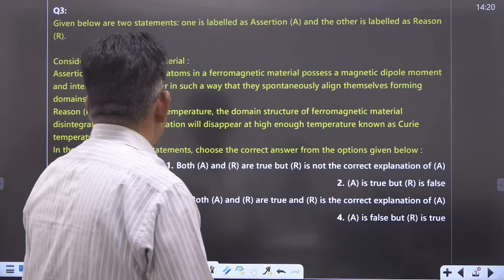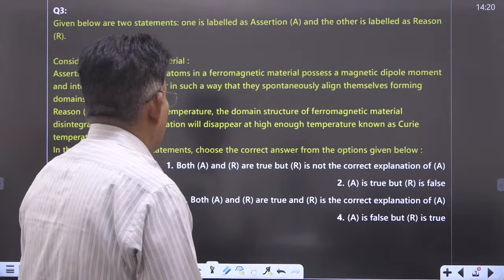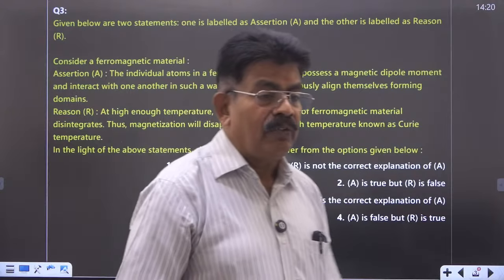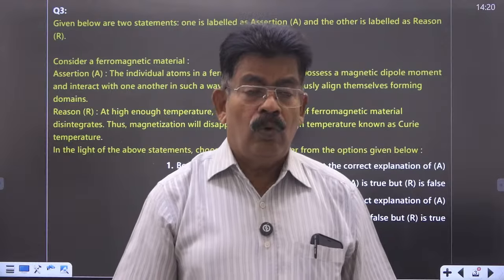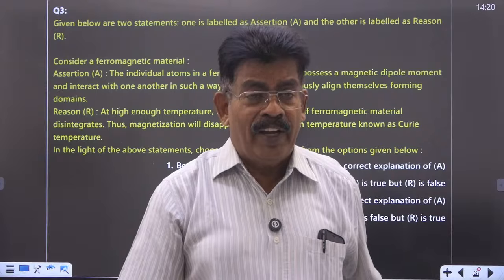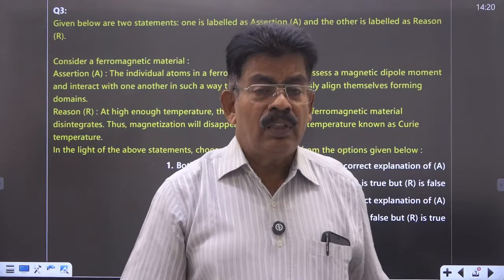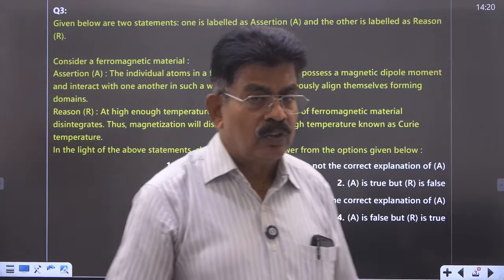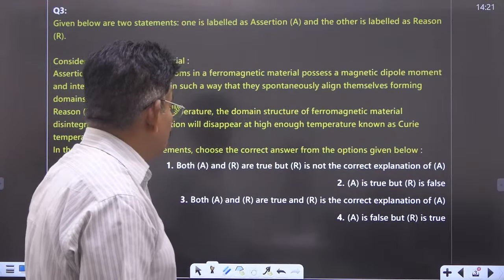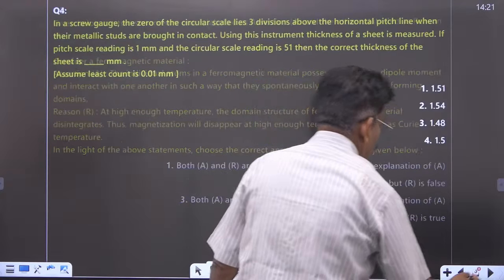Whereas the second says at high temperature, the domain structure of ferromagnetic material disintegrates and slowly it will lose its ferromagnetic feature. That is also true. But the second statement is correct in its own way, but it is not supporting the first statement. So your answer is: both assertion and reason are true, but the reason is not the correct explanation of the assertion.